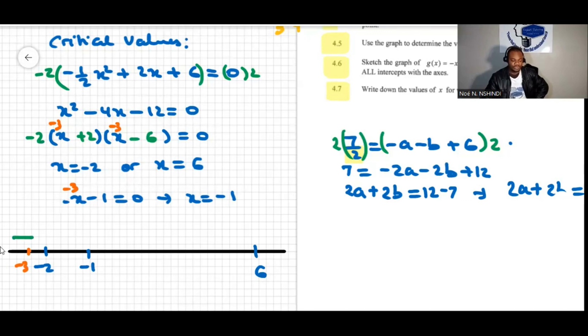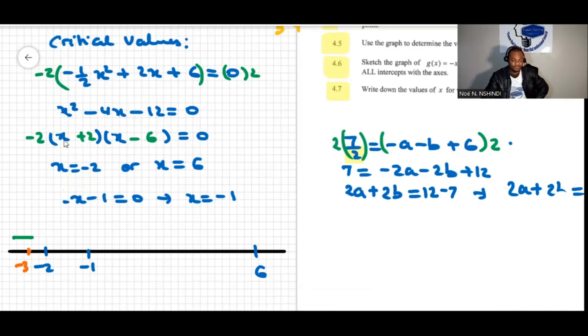If you take also from -2 to -1, if you sub in -2 for x, because here it's with this -2 times that, so factorize is going to give this.